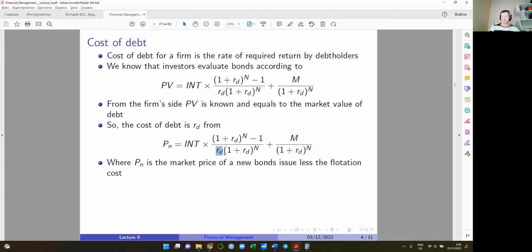And this is very similar to the computation of internal rate of return in the investment project valuation. Why? Because we have some kind of polynomial here, and we need to solve this equation. This equation is very difficult to solve, so that's why we probably need to apply the same methods as we did in investment project valuation.